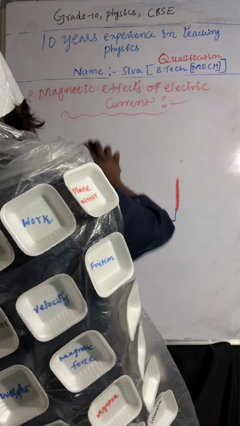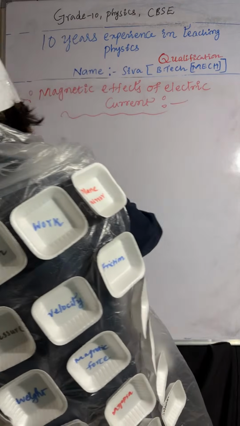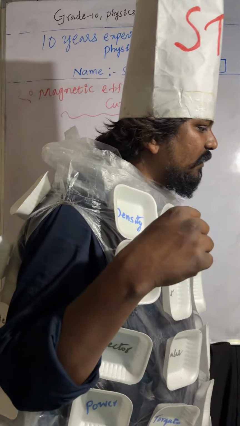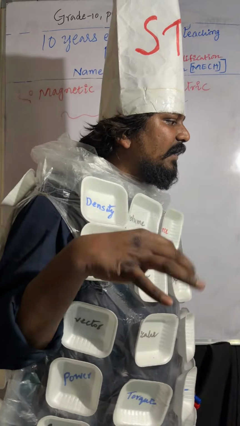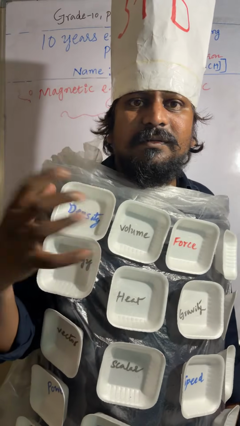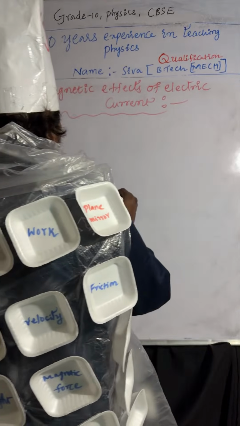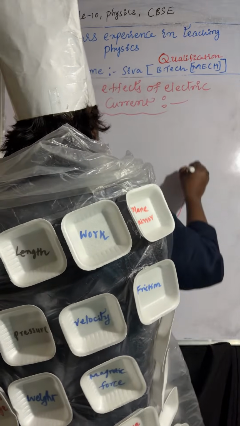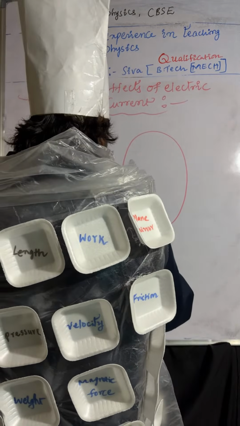That is the loop. Loop is very, very important. Loop and coil. A coil is a number of turns. I am already continuing, it is a continuing chapter. So next, I am taking the loop. This is the loop, with a positive terminal and a negative terminal, and current is passing.